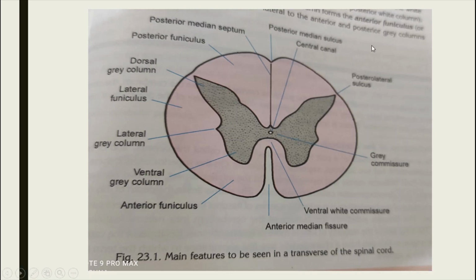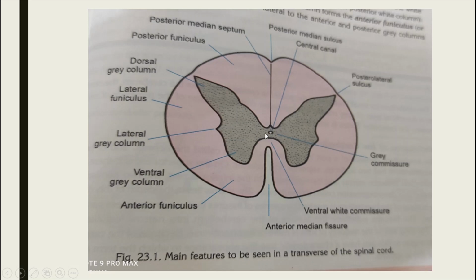At some regions of the cut section, like the thoracic part and the first two lumbar segments, there is an additional extension of grey matter laterally, which is named the lateral column of grey matter. So these are the parts which can be seen in a spinal cord section.